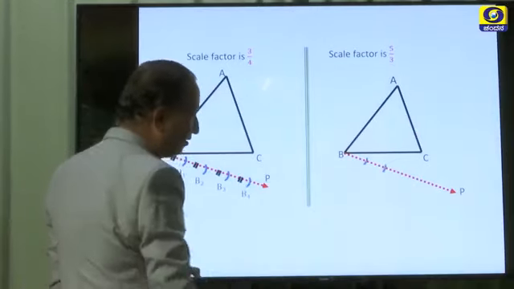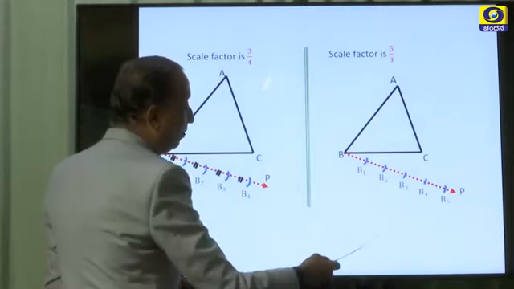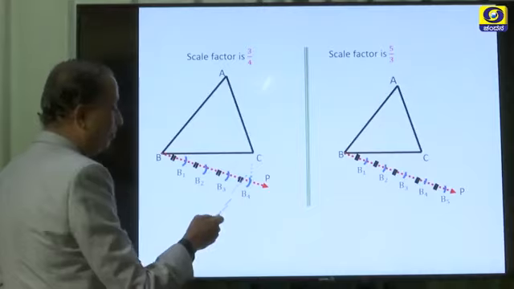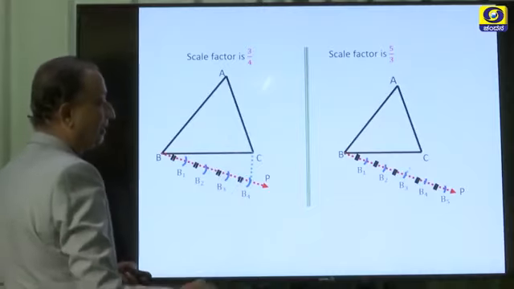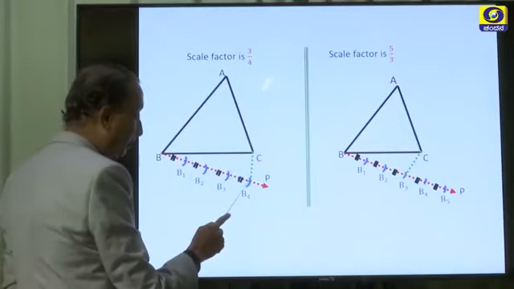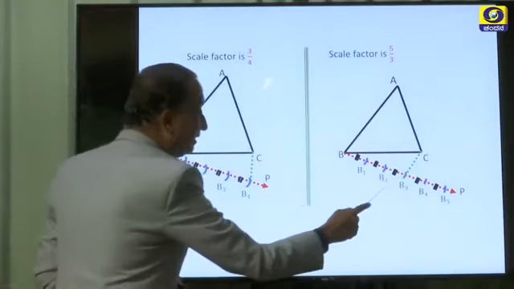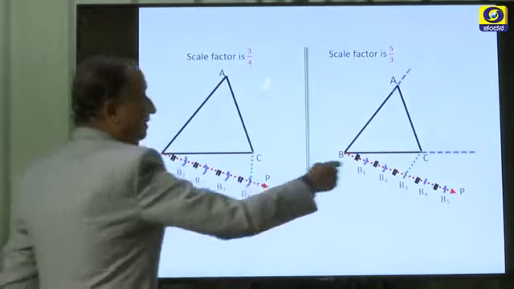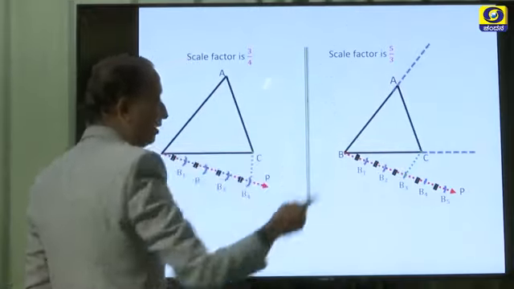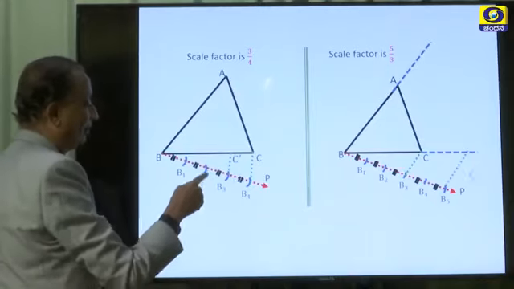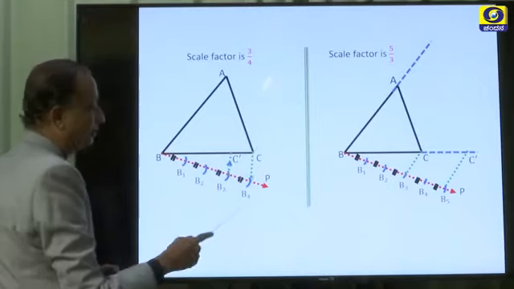Make 4 equal parts here and 5 equal parts here. Now, we need to join B4 and C here, and here we have to join B3 and C. Please observe this carefully: join the fourth point and C here, and here join the third point and C. Now, extend this a little and this one also. Now, draw a line like this parallel, call it C dash, parallel to CP.